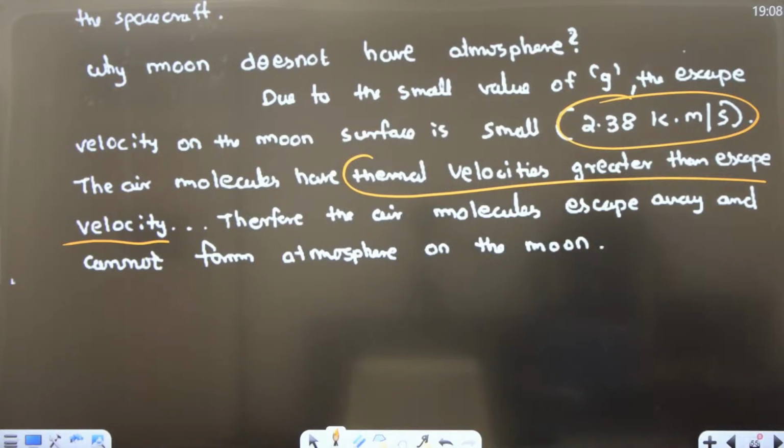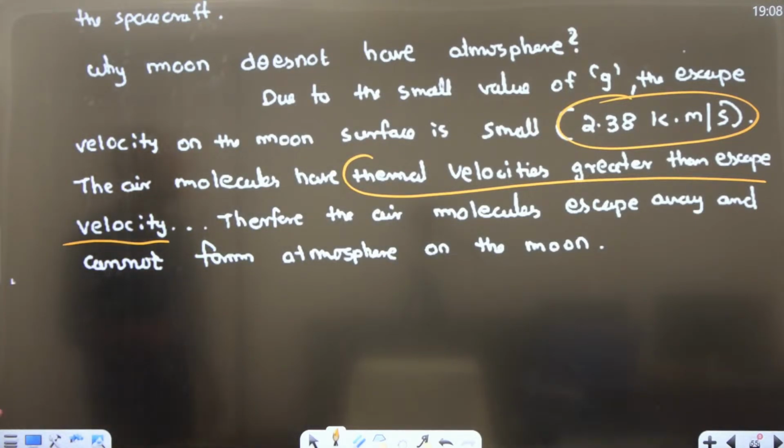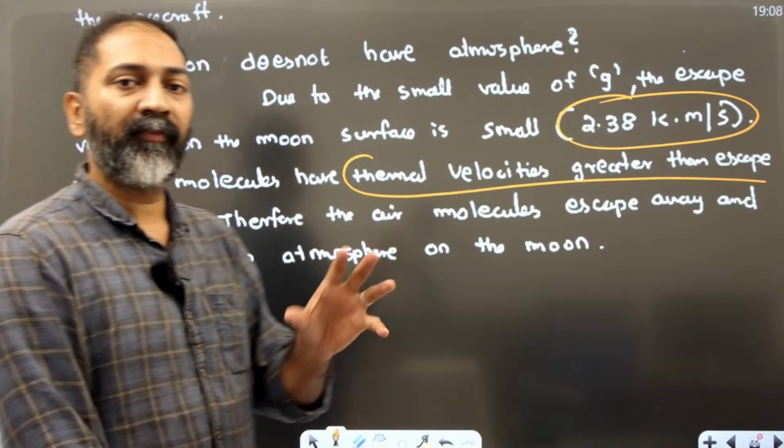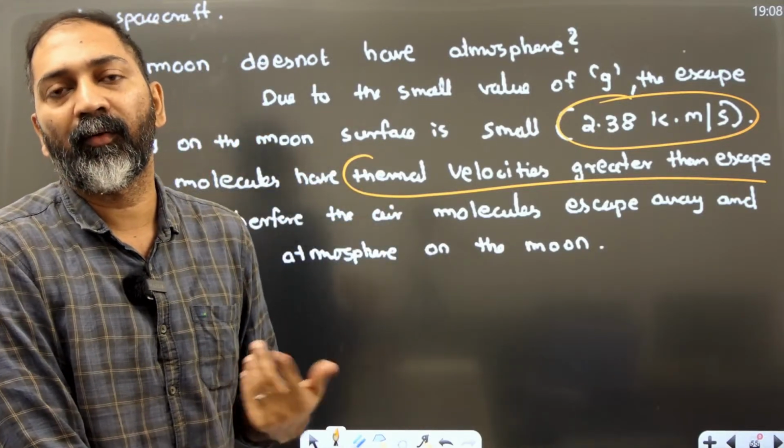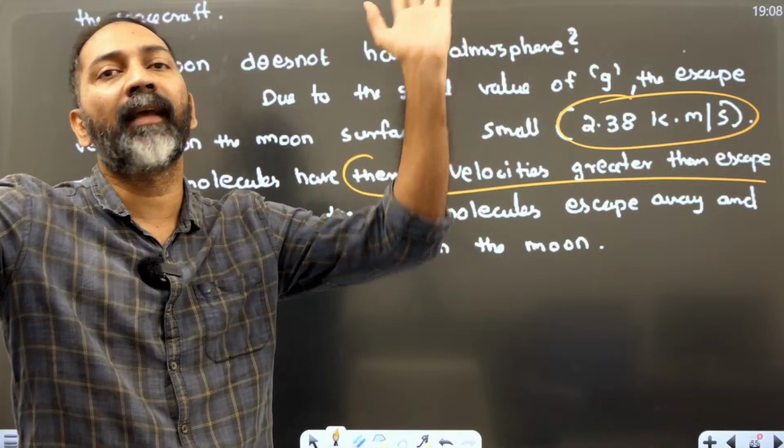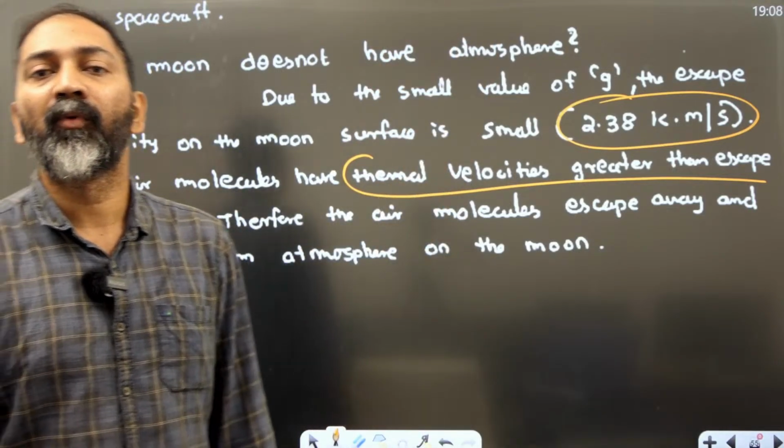The moon surface air molecules have velocity greater than their escape velocity. So what happens? Surface air molecules will escape away from moon surface.